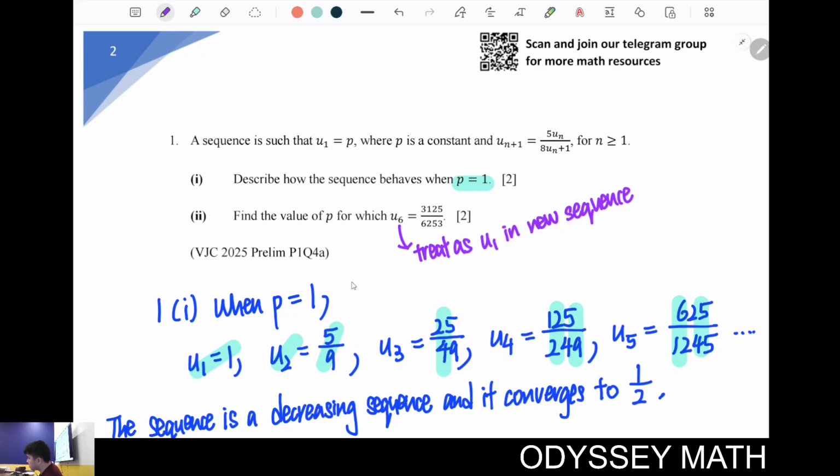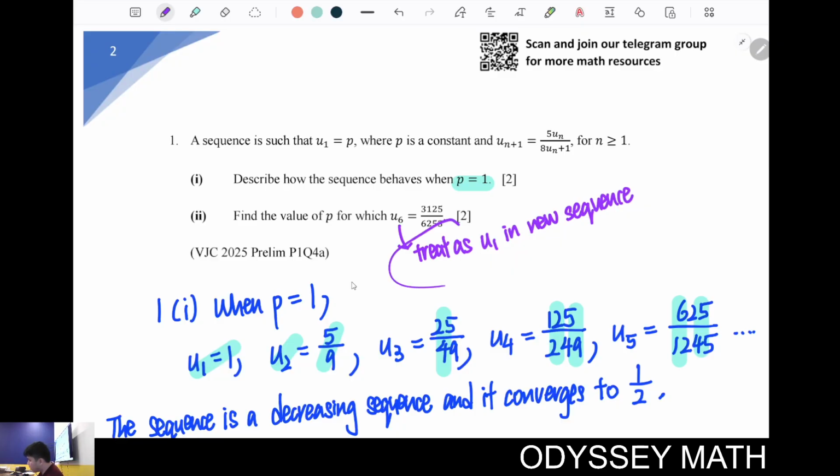But the problem here is this. In your equation over here, by writing the equation this way, it is saying that given the term before, I can get the term after. So the term before acts as an input. But in part 2, they give you the term after, then they want you to find the term before. Then how will you do it in this case?